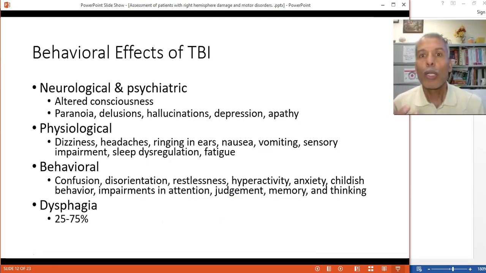They wouldn't know where they are. They wouldn't know, for example, the date. You ask them about their children, they might not know their wife or where they are from. So these are skills that you test using the mini mental status exam.